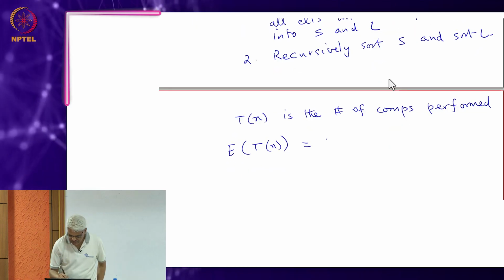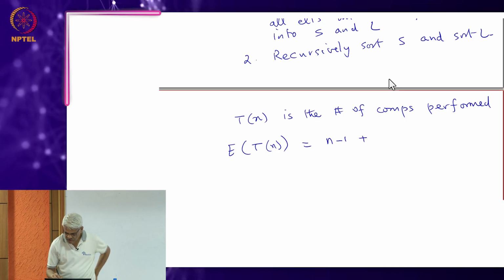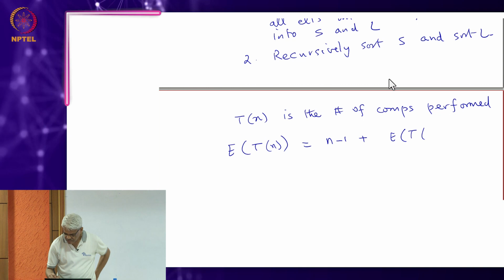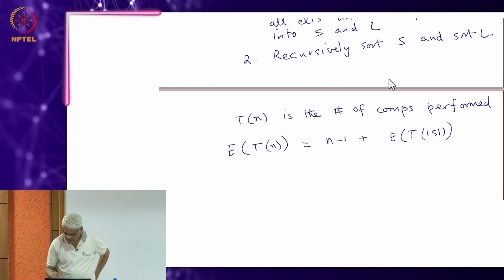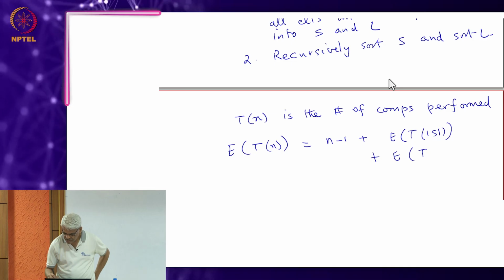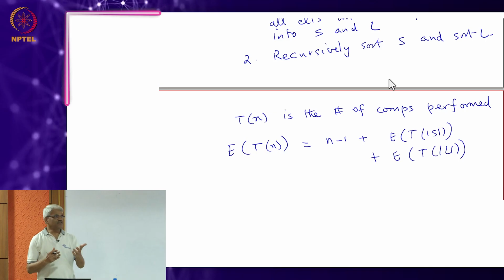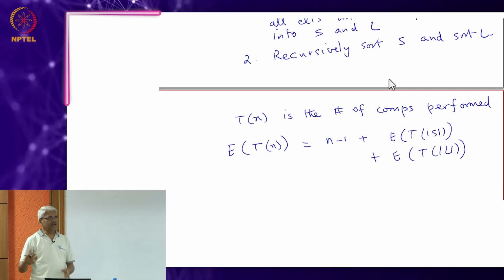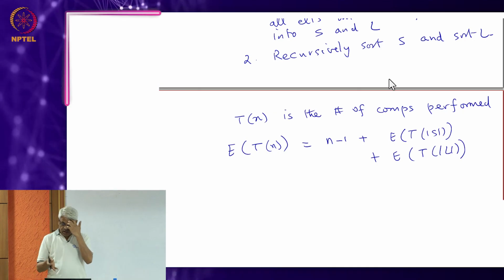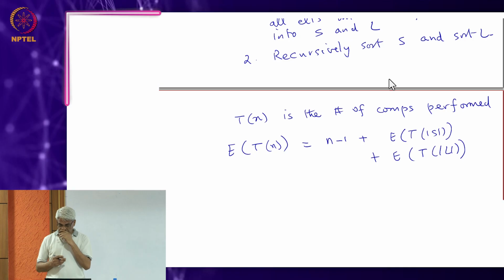After that, because the size of S is a random variable, size of L is a random variable, you recursively solve it and take the expectation. Okay.